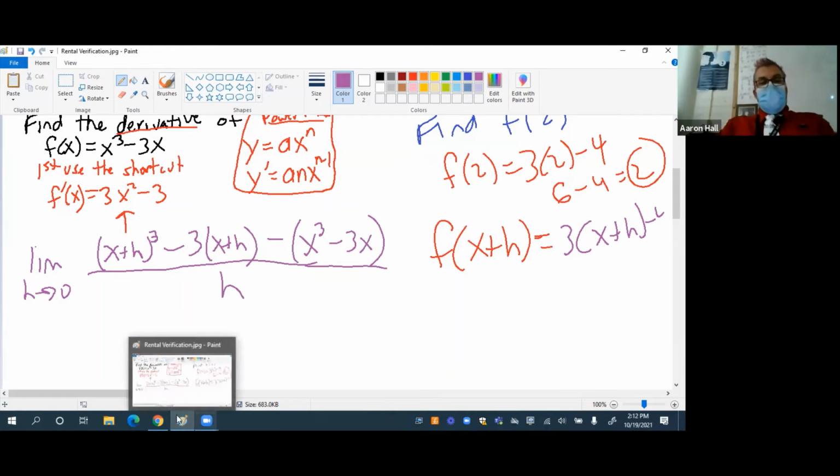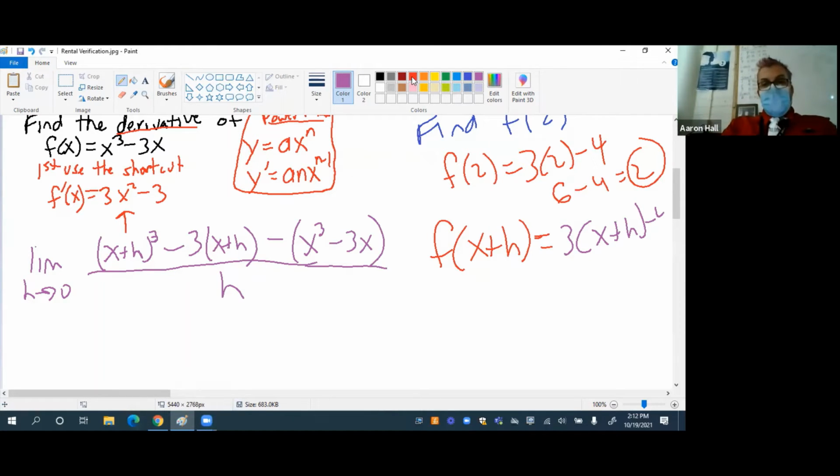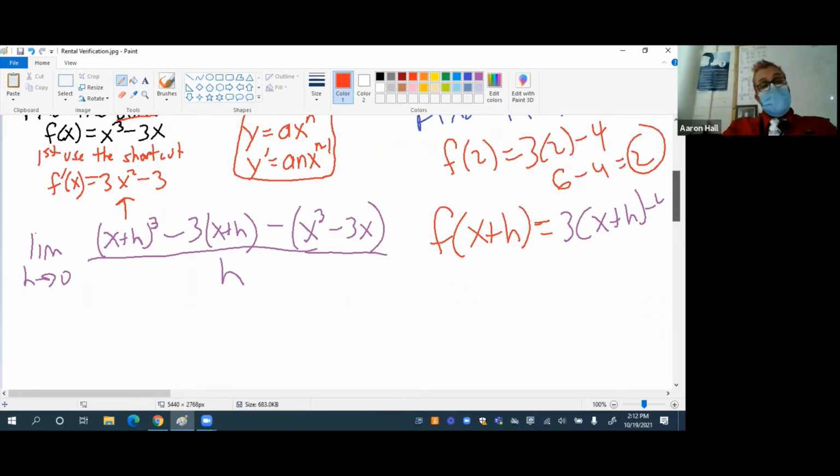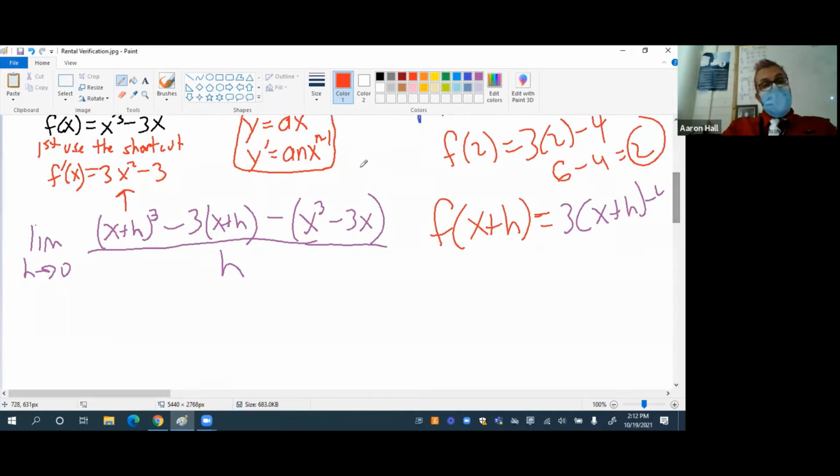How do we simplify this? How do I factor this mess here? Christopher? There's two different ways we can, I'm sorry, I don't know if I said factor, I meant distribute.